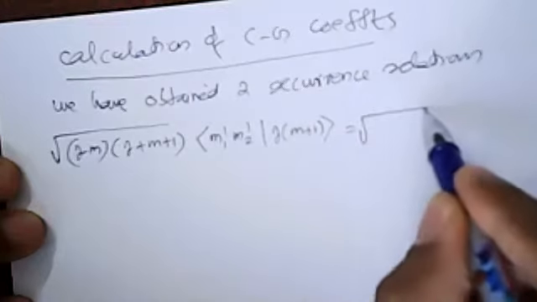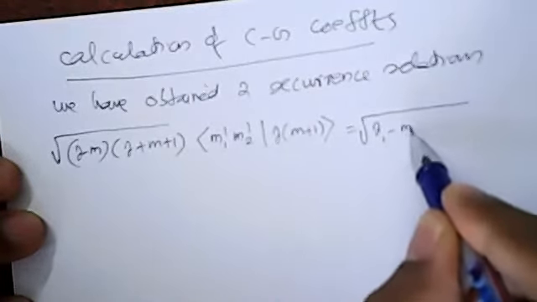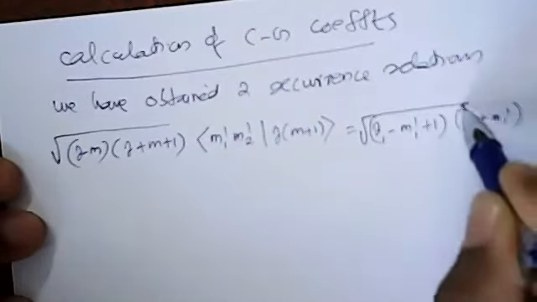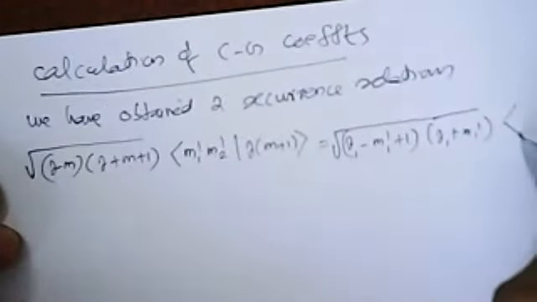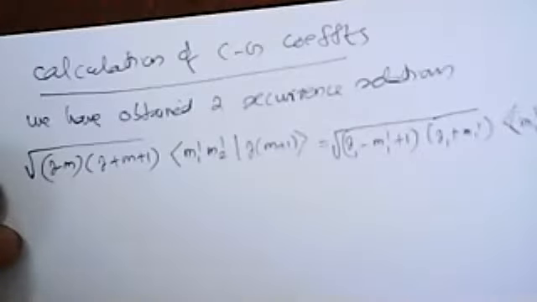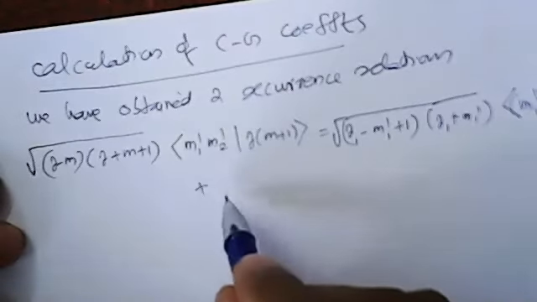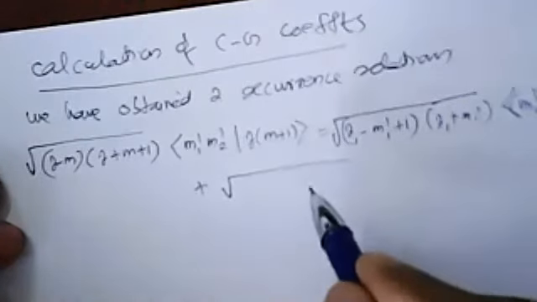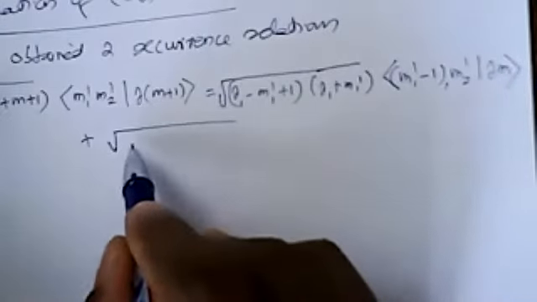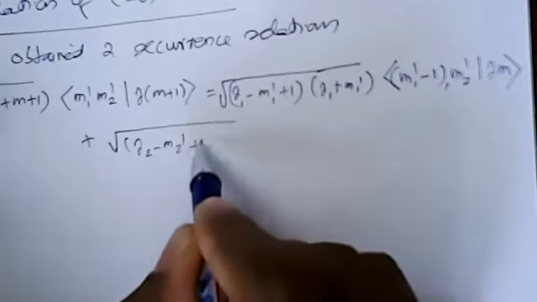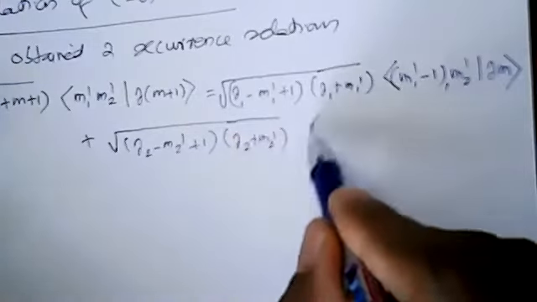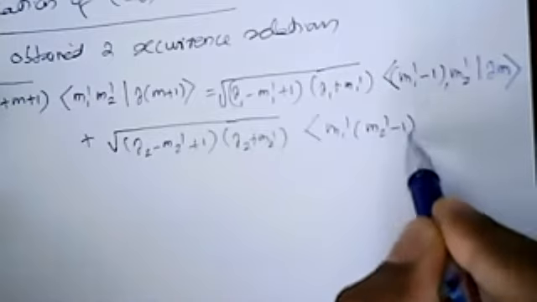Then this is equal to root of (j1 minus m1' plus 1)(j1 plus m1'), then <m1' minus 1, m2'|jm>, plus root of (j2 minus m2' plus 1)(j2 plus m2'), then <m1', m2' minus 1|jm>.